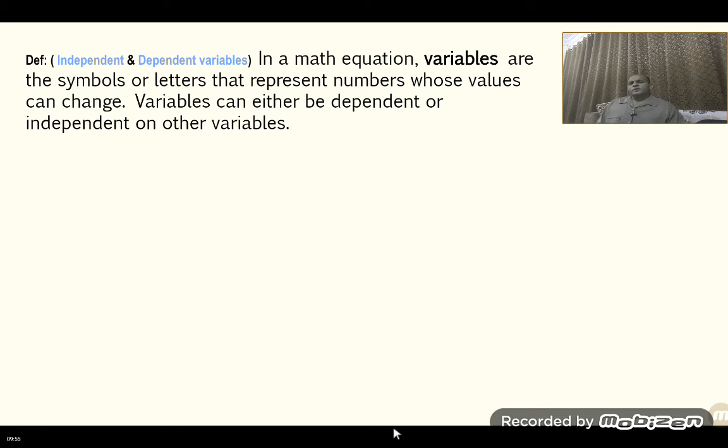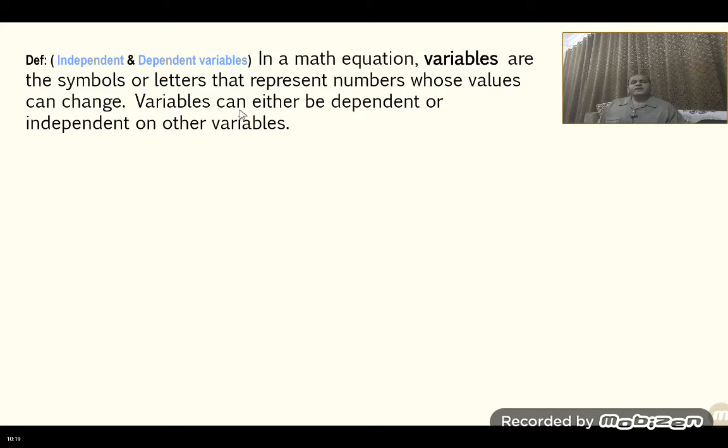Now the next definition is of dependent and independent variables. What is a variable? A variable is a quantity which changes itself during some program or circumstances. So in a maths equation, variables are the symbols or letters that represent numbers whose values can change.